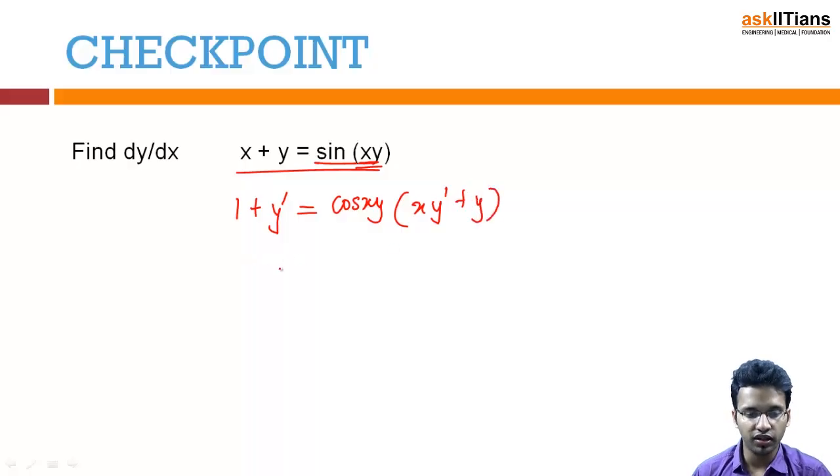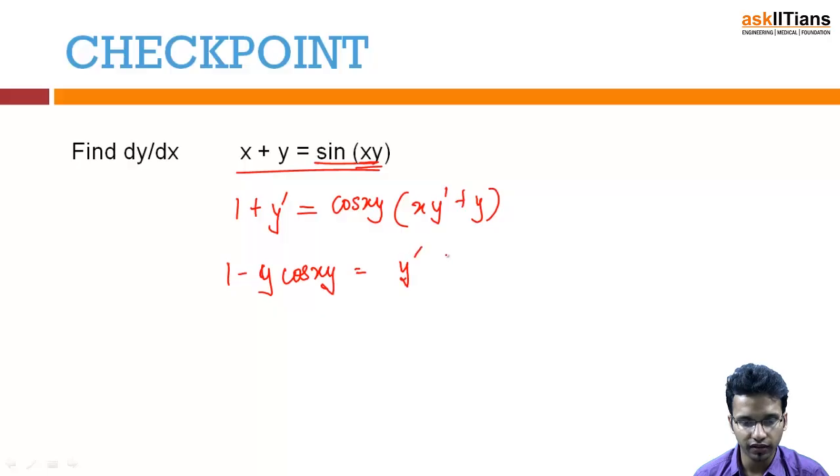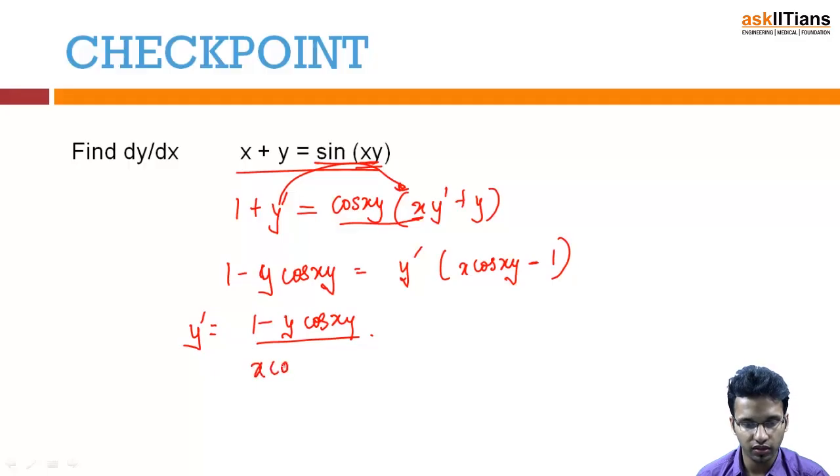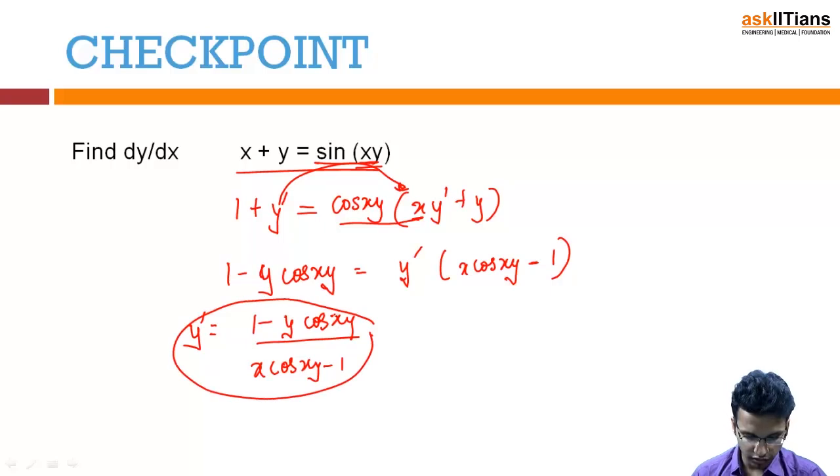Now the things are so easy, 1 minus y cos xy is equal to y dash times x cos xy minus 1. I bring this term here and the other part on the other side. So y dash becomes (1 minus y cos xy) over (x cos xy minus 1). So this is how it goes.